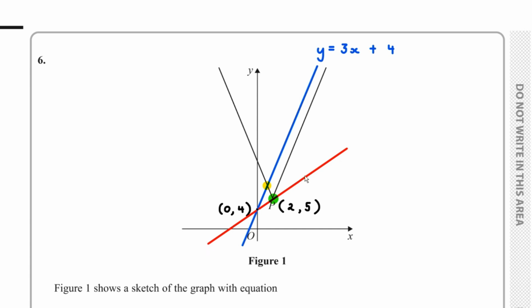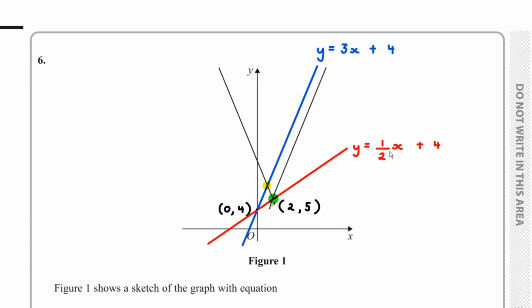Now, this equation here is given by y equals 1/2 x plus 4. The reason we get this 1/2 is because to find the gradient of this line, well, we have 5 take away 4, which is 1, divided by 2 take away 0, which is 2. So 1 divided by 2 is 1/2.